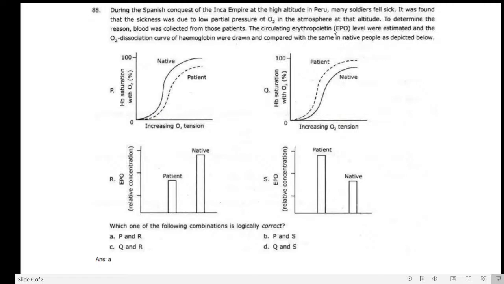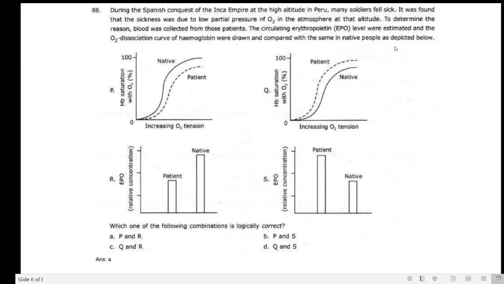The altitude has very low temperature, so the partial pressure becomes low. To determine the reason, blood was collected from the patients, the circulating erythropoietin level was estimated, and the dissociation curve of hemoglobin was drawn and compared with that of native people, as depicted below.